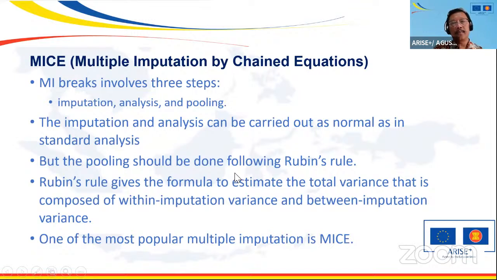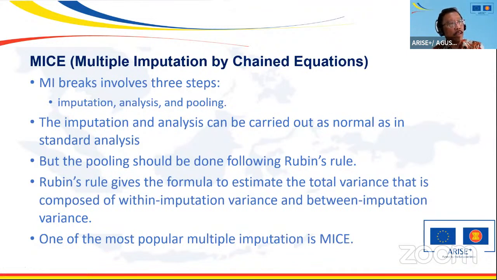The total variance is composed of the variance within the regression itself and the variance among the different regressions that we have estimated. Those two kinds of variability are taken into account. So this improves the regression.